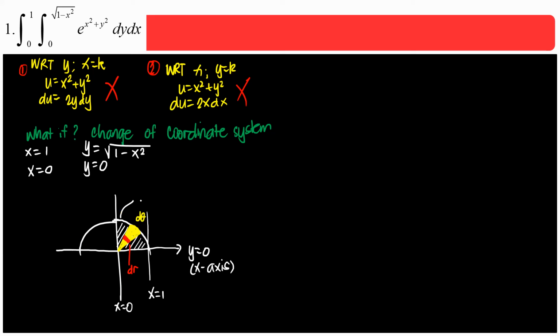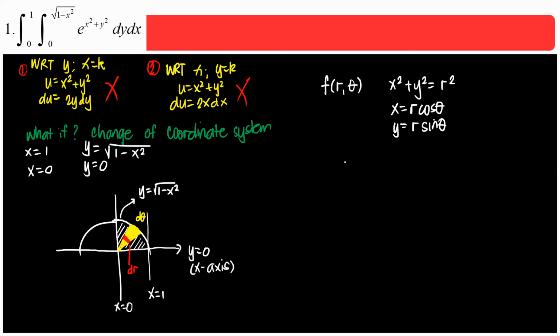Again, let's just write this one. That one has the equation square root of 1 minus x squared. So with this, if it is to become a function of r and theta, take note, x squared plus y squared is equal to r squared all the time. x is equal to r cosine theta. y is equal to r sine theta.